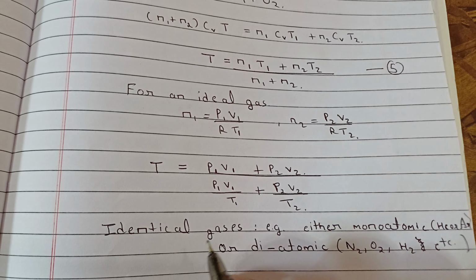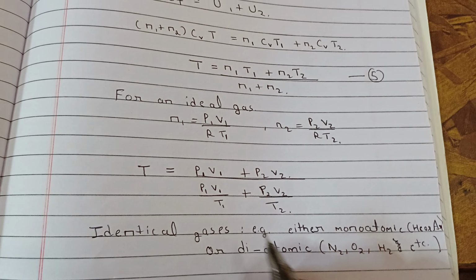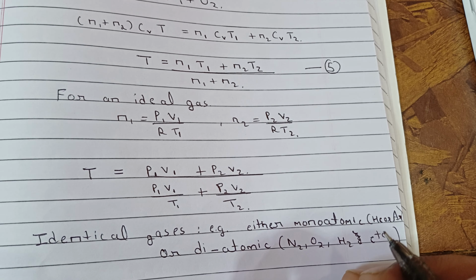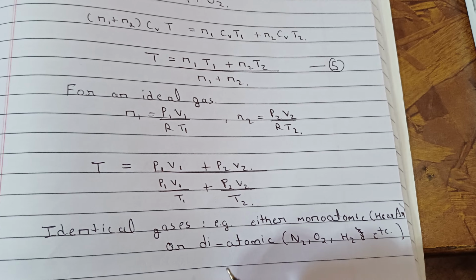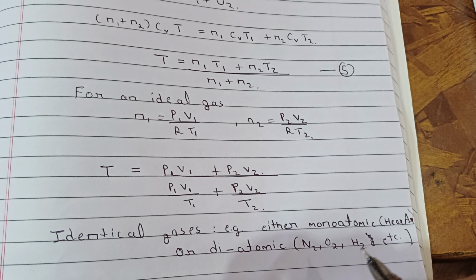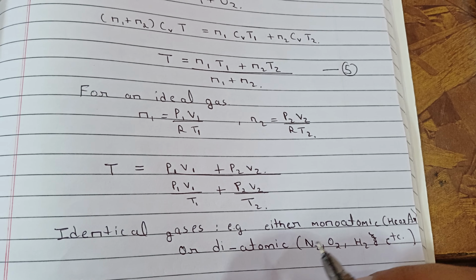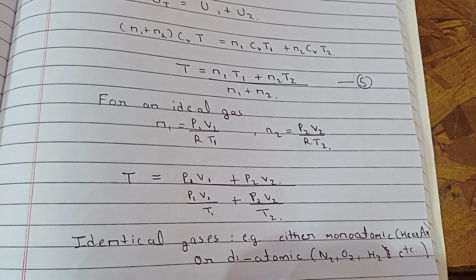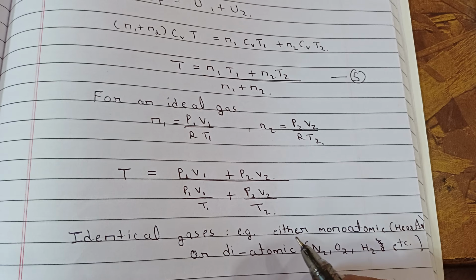So what we mean by identical gases is either monoatomic, helium or argon, or diatomic, that is N2, O2, H2, etc. We call them identical gases. I already told you about this thing, so it is not that complex.